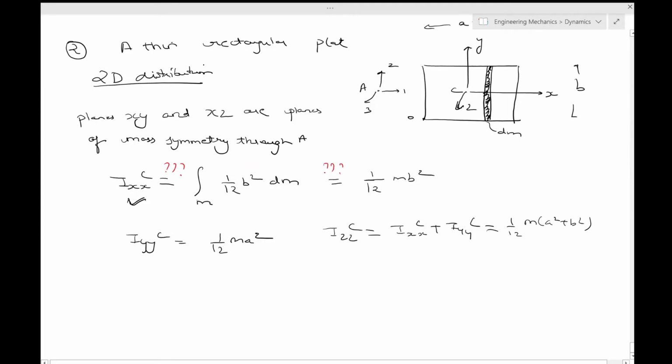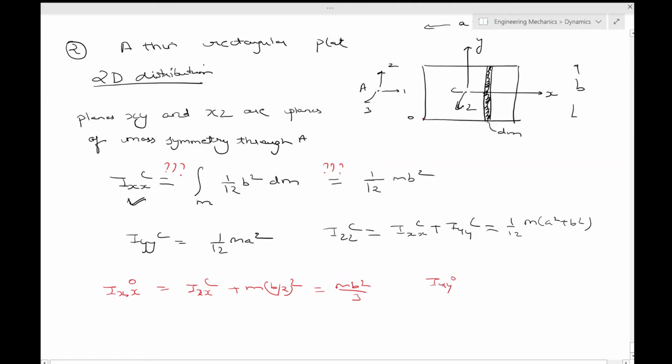and similarly if say you have to write it about any point O. Okay, so I will just write Ixx about O would be equal to Ixx of C plus m into (b by 2) whole square. This would be m b square by 3.